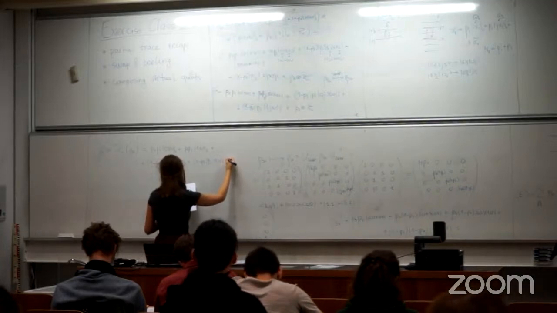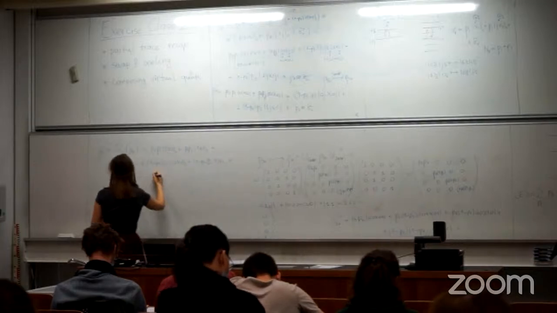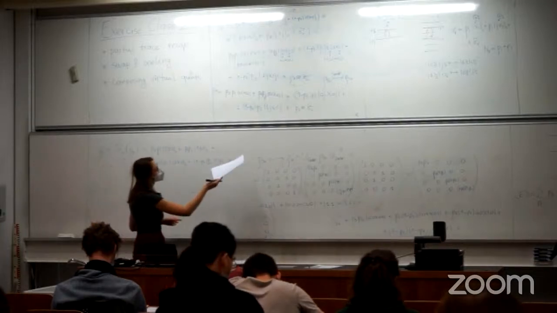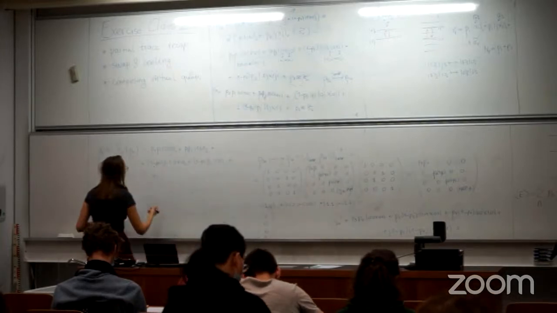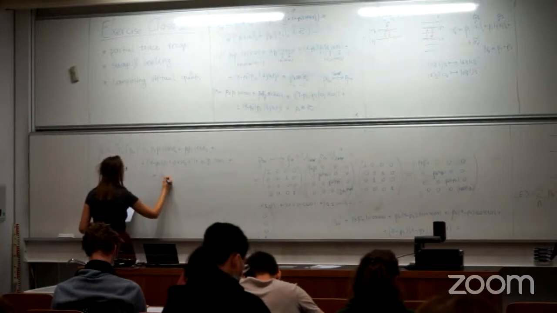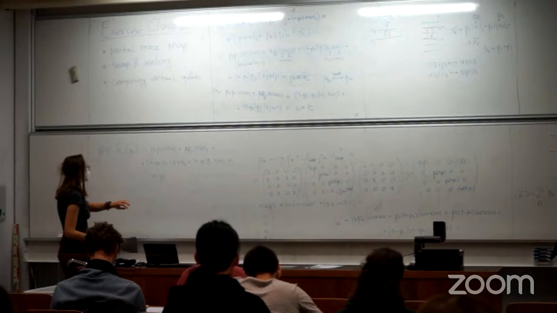And yes, plus, when I trace out the second system out of this tensor product, I just get our initial state rho S. I think I need to make a break here.